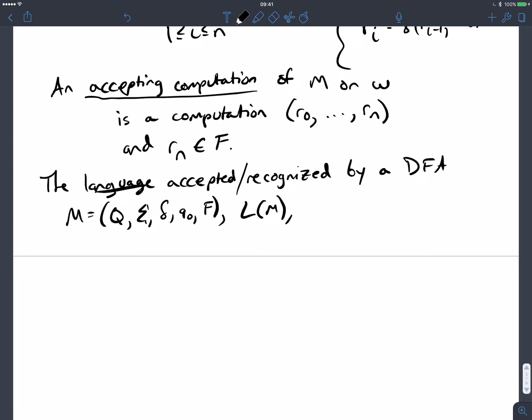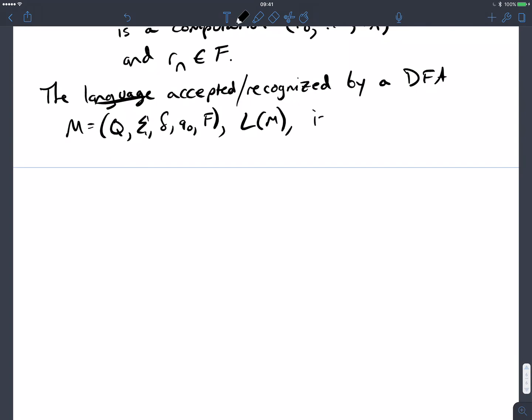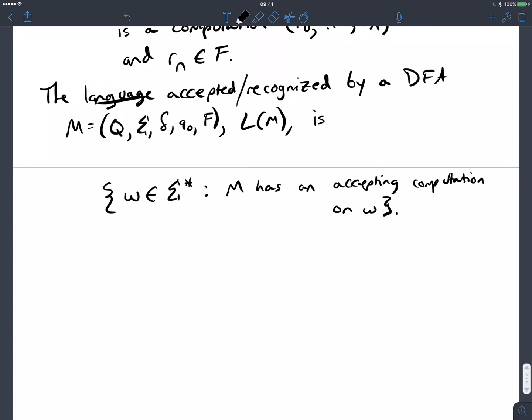Exactly. The set of all strings in what? Sigma star that have an accepting computation on M. It is the set of W in sigma star such that M has an accepting computation on W. I know this is definition city here, but it's important to understand how this works.